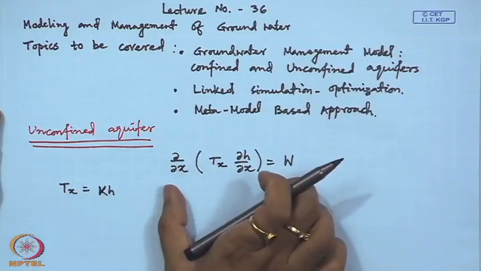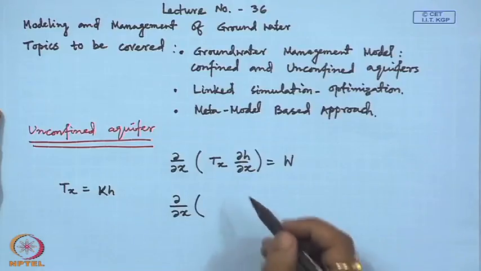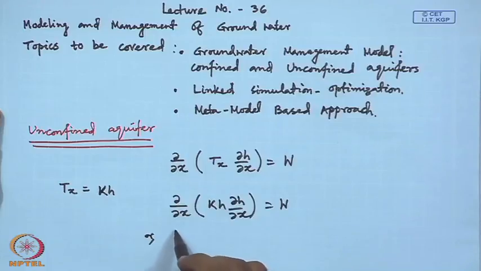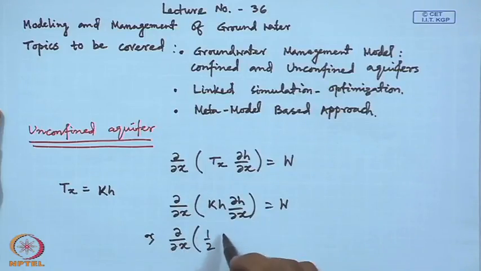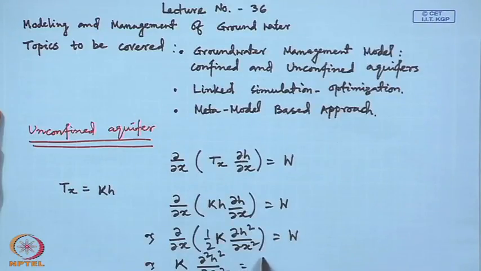If we replace it in our original equation, we can write K H dH/dx equals W, or d/dx of half K h squared equals W. For a homogeneous aquifer, we can take K out of the derivative, and transfer the 2 to the other side, so d2(H2)/dx2 equals 2W.